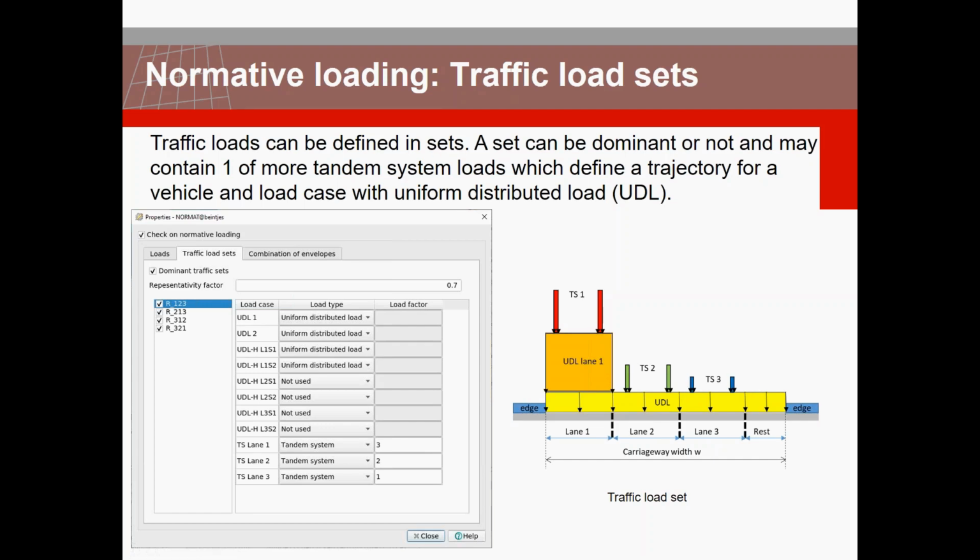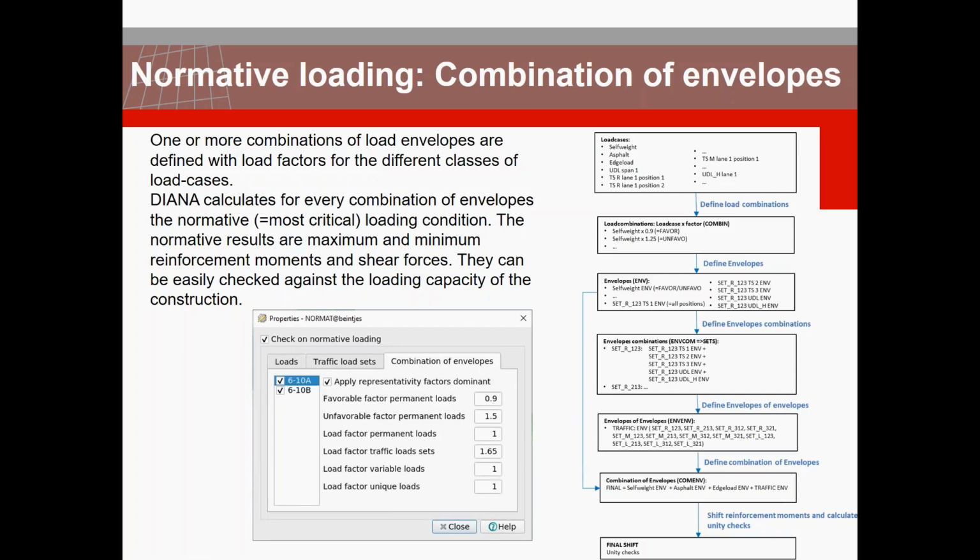The last step of the normative loading is to define a combination of envelopes in which you define the load factors from the different load classes. So you can define just one combination of envelopes or multiple.